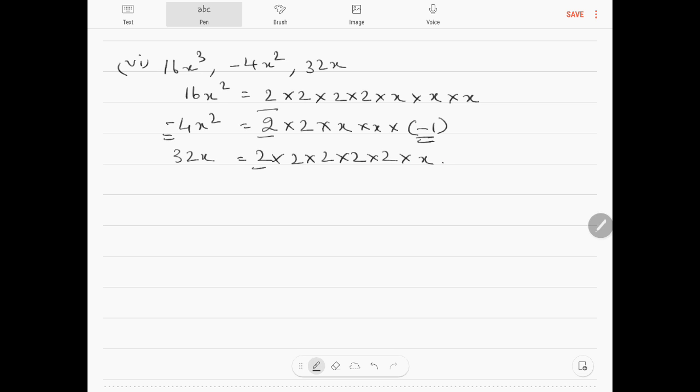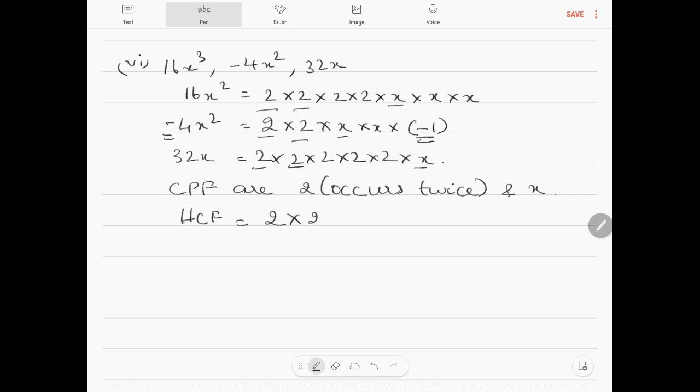Now one 2 is common, the second 2 is in common, then x is in common, that's it. So the common prime factors are 2, which occurs twice, and x. So the HCF is 4x.